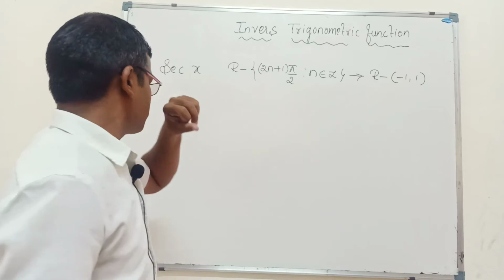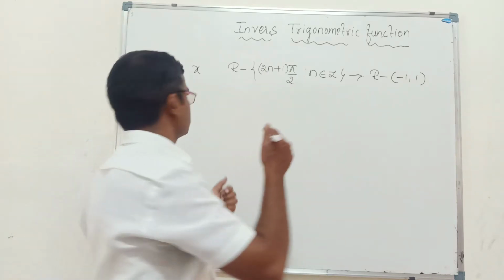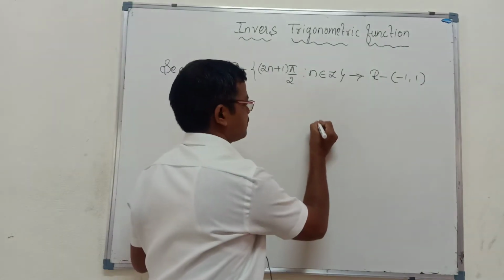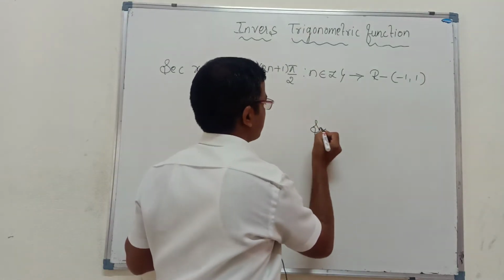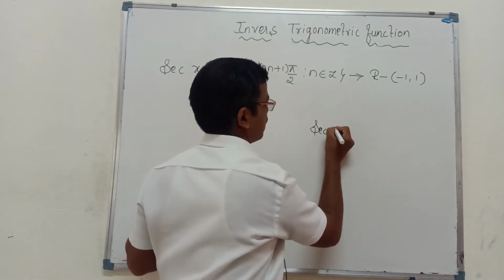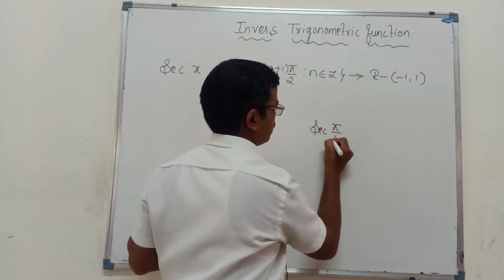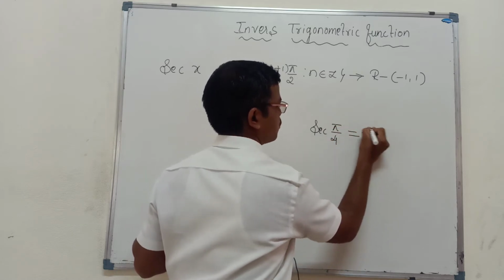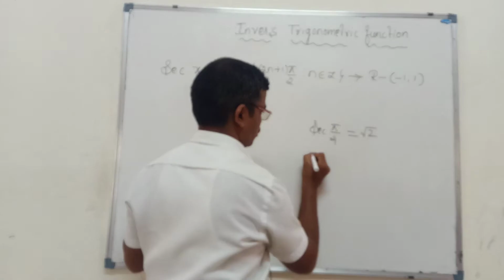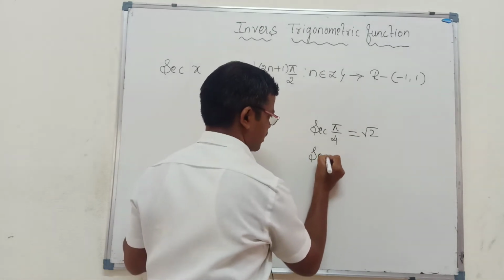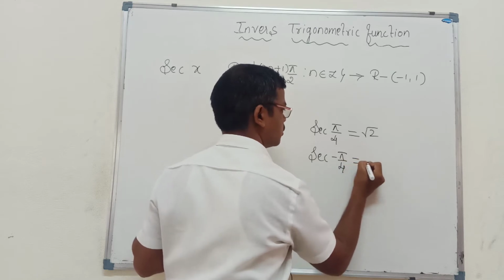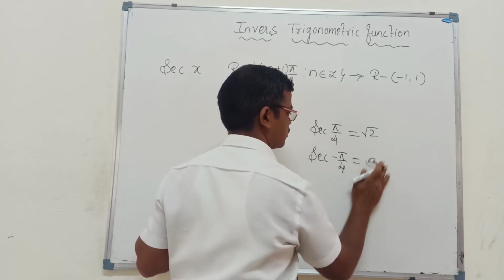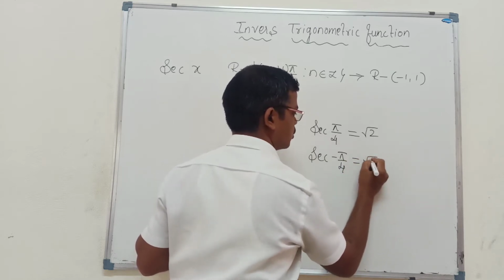So let me come to the first one, sec x. sec pi by 4, we know that it is root 2. So next, sec minus pi by 4, so it is also root 2.